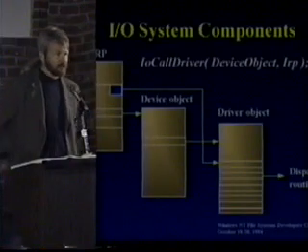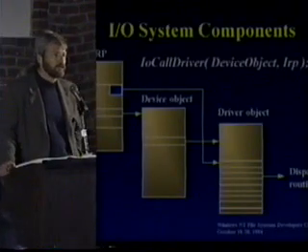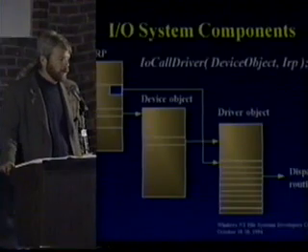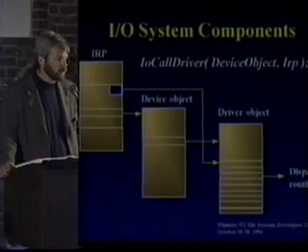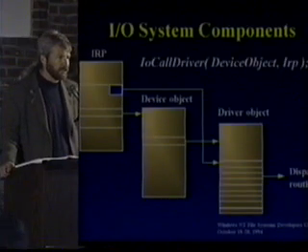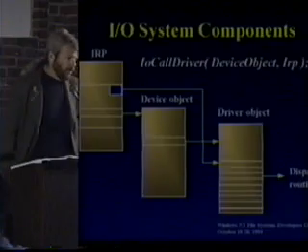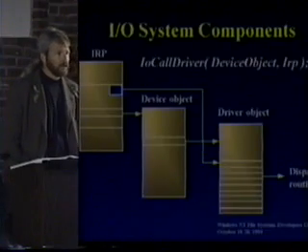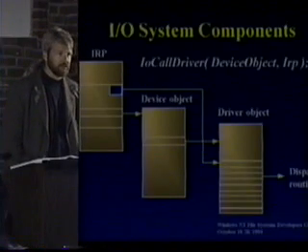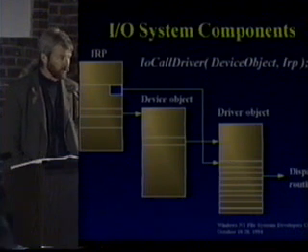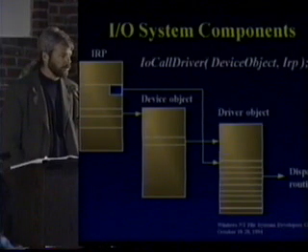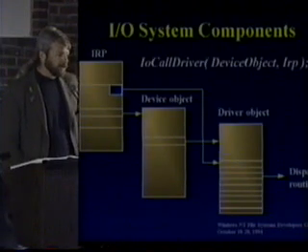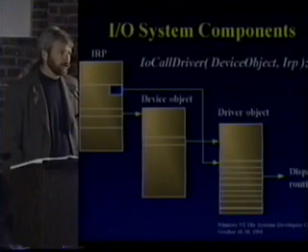So I mentioned IoCallDriver. This is how a driver calls another driver. Basically, there's an I/O request packet that represents this particular function, and in the I/O request packet, that blue piece up here on the diagram represents the function code for the operation that the user wanted to perform, for example, a read. So there'd be an IRP major function code of read, and a pointer to a device object, which is the device on which we'd like to perform this read.